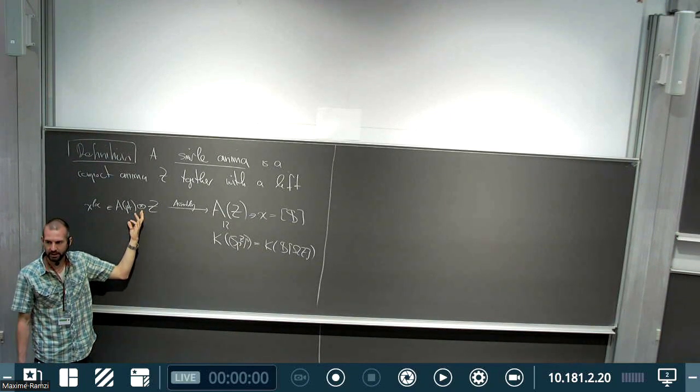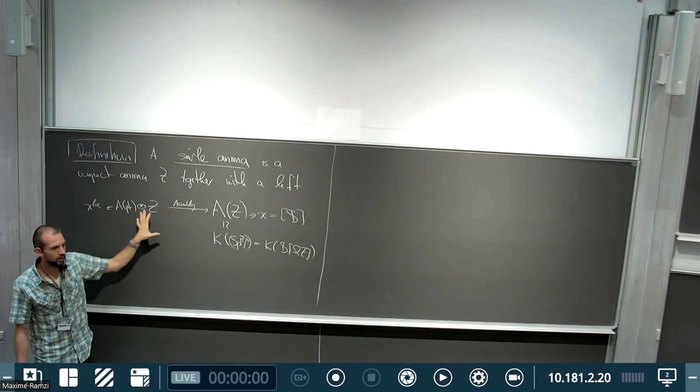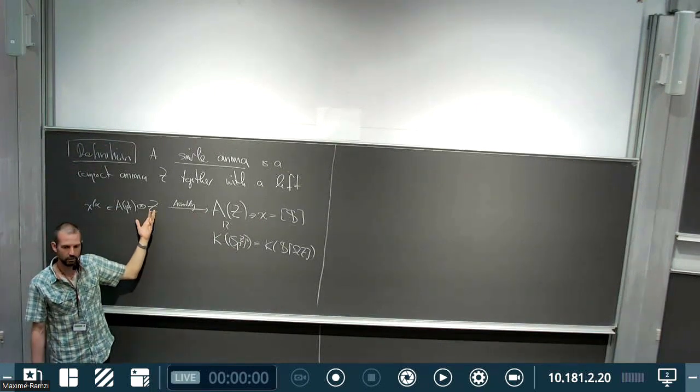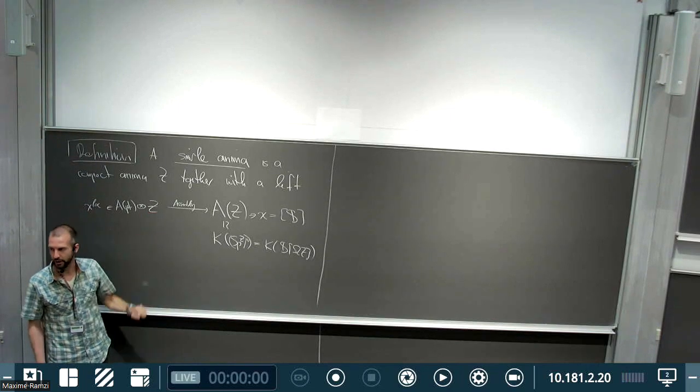This is similar to formulas in differential geometry, where you can compute the Euler characteristic of a manifold as the integral over the Euler class. It's a homotopy theoretic version of such a refinement.